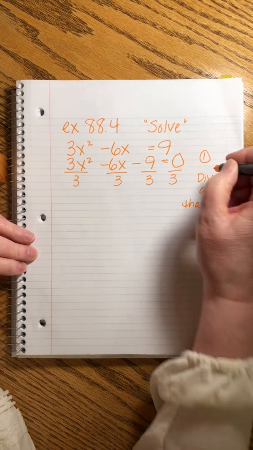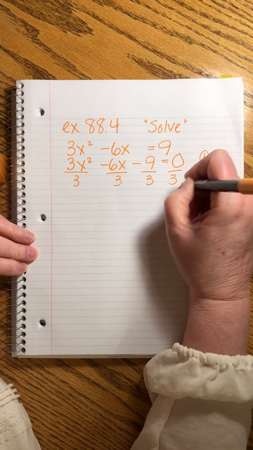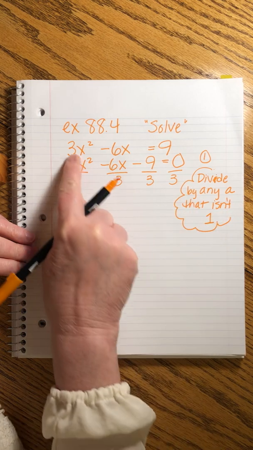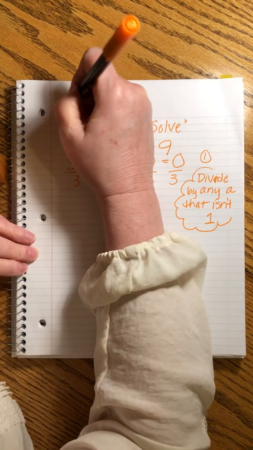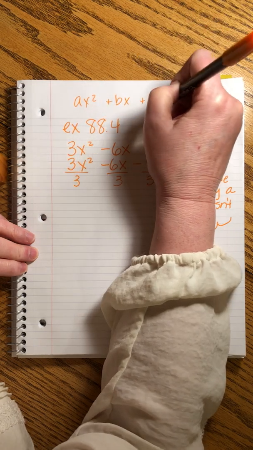Okay, we're going to divide by any a value. This is the a value, right? Because it's ax squared plus bx plus c equals 0, right?